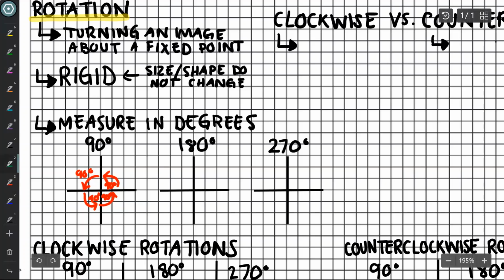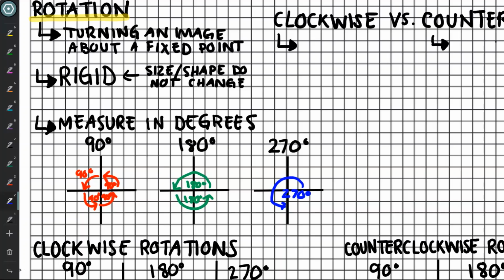Alright, 180 degrees is going to be two quadrants. So that's 180 and that's 180. And 270 is going to be three quadrants of rotation. So that would be a 270-degree rotation.